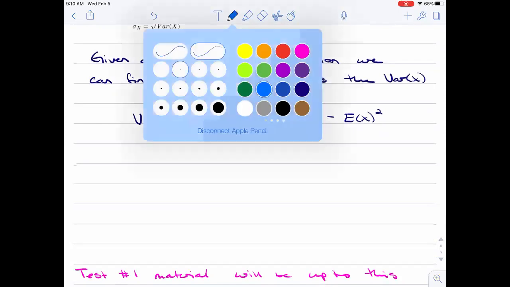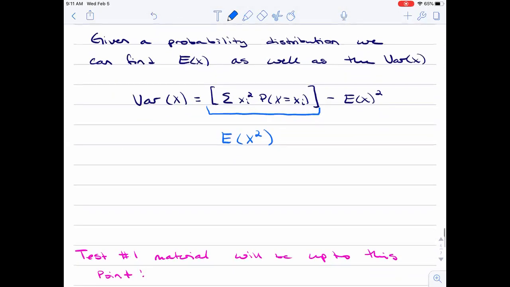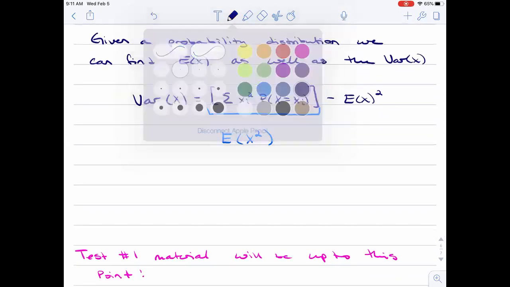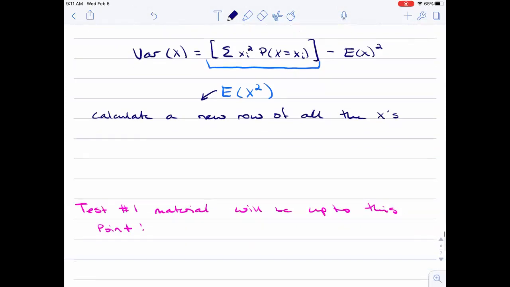But here, if we notice that this is the same as the expected value of x squared, and to find this, calculate a new row of all the x's squared, which should sound familiar from finding the variance and the standard deviation for any data set.